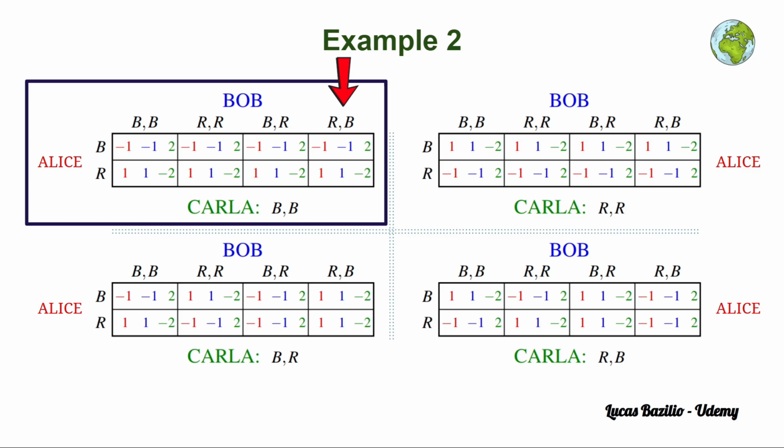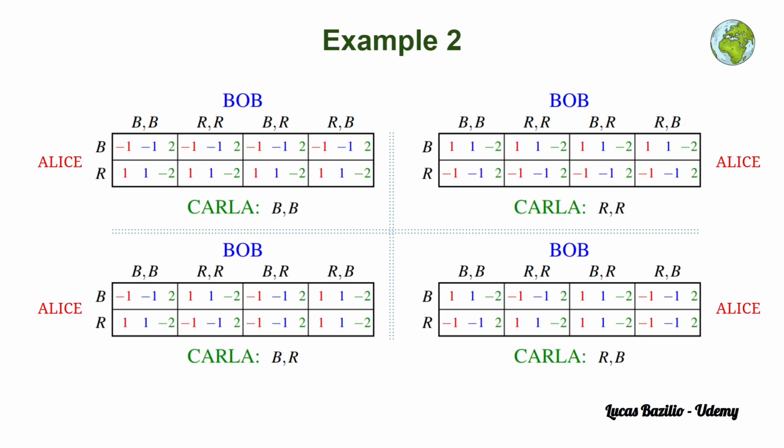So notice how in this strategy Bob plans to lie. He plans to lie in both cases. Now, this behavior of Bob from this strategy is reflected not only in this table but also in all tables where Bob plays this strategy, the strategy RB.